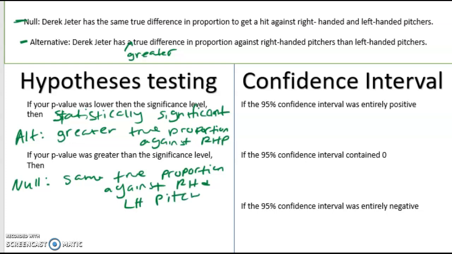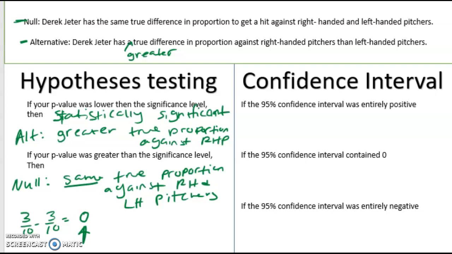So what does it mean if he has the same true proportion? If he bats, let's say, 3 out of 10 against right-handed pitchers, then he would bat 3 out of 10 against left-handed pitchers. So if we were to subtract those values, what would you get? 0. So if we claim that he has the same true proportion, that means that we would expect 0 to happen, and that supports the null hypothesis.